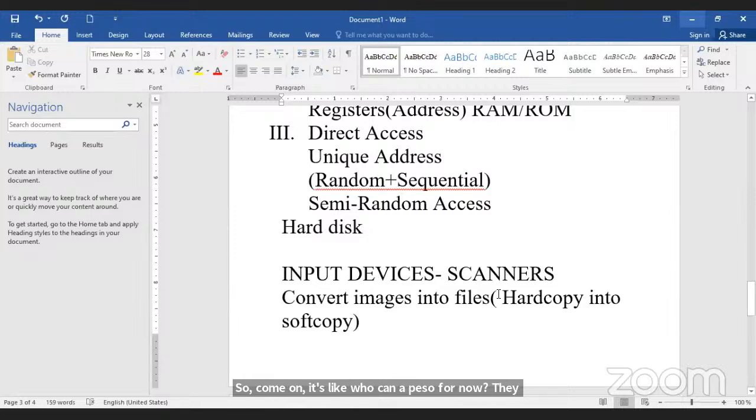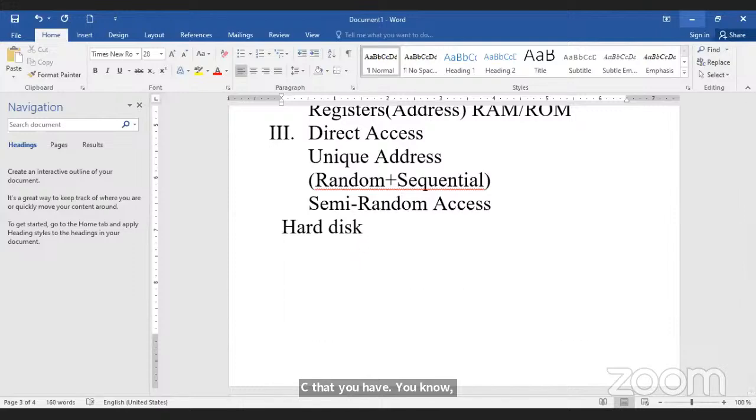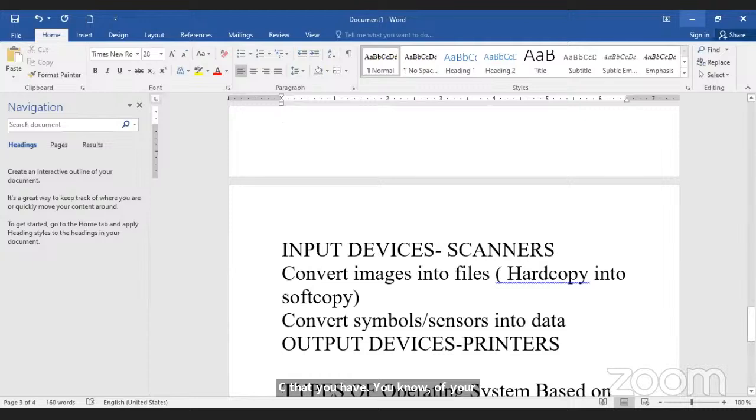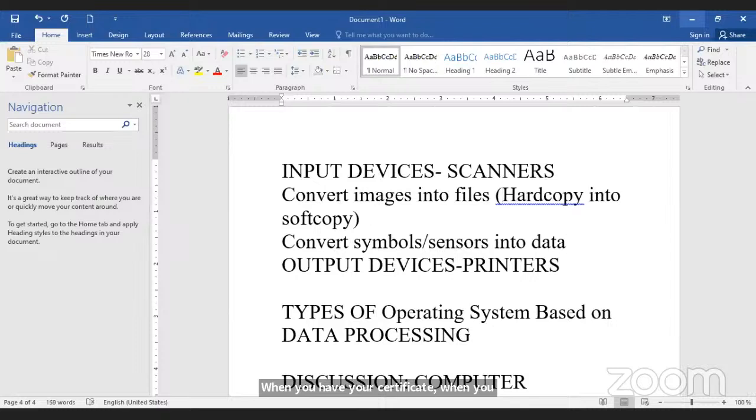It means you have converted the hard copy cash into soft copy in your M-Pesa. So with your certificate or your ID, you cannot store it in your computer unless you scan it into soft copy.